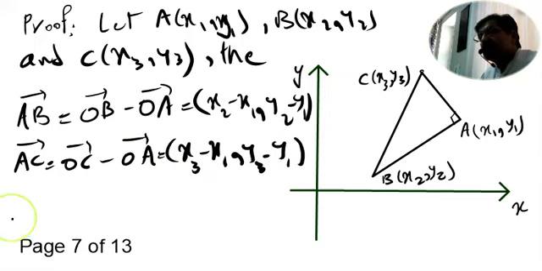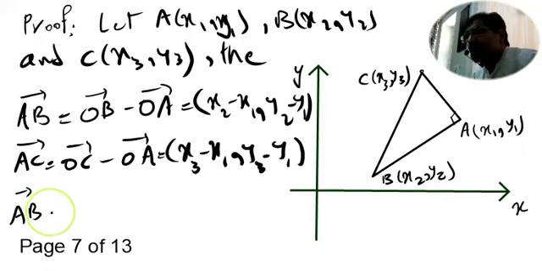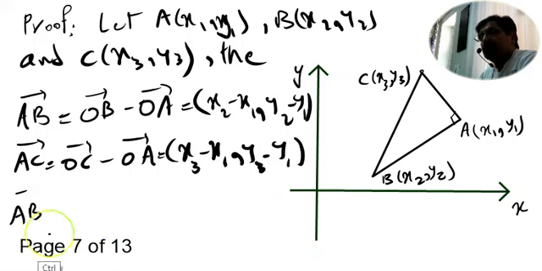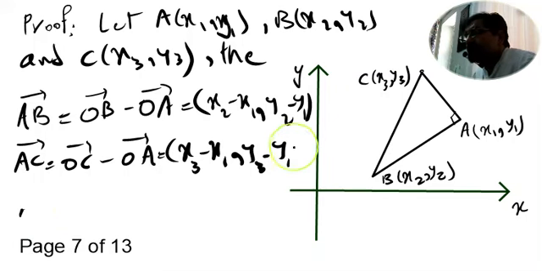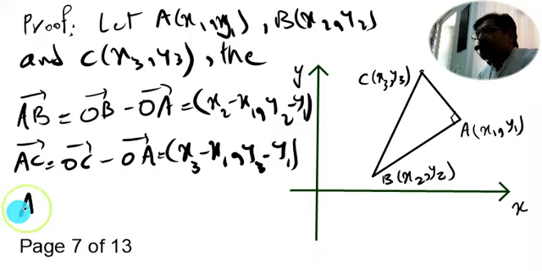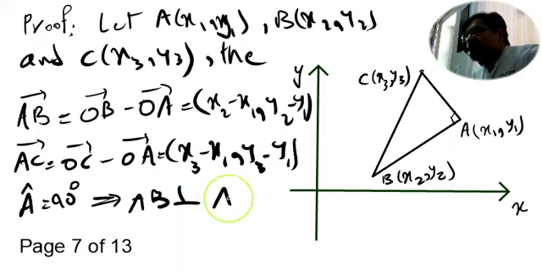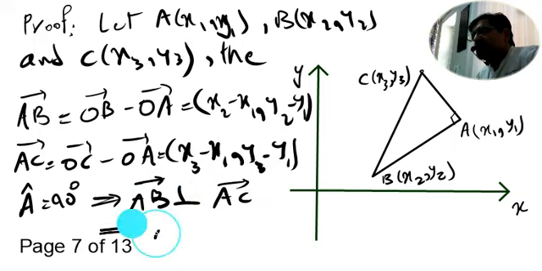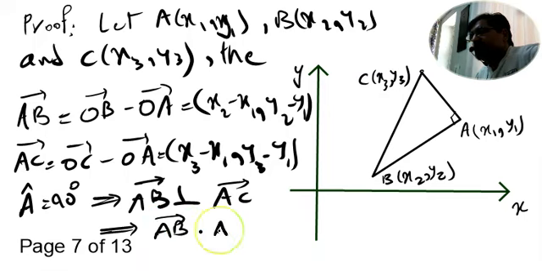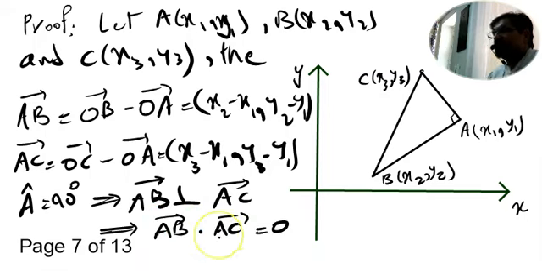So we want to find AB and AC. Okay, because angle A is 90 degrees, AB is perpendicular to AC, that is the inner product of AB and AC must be 0.